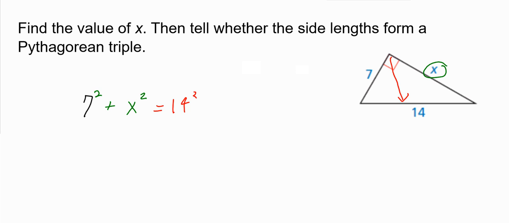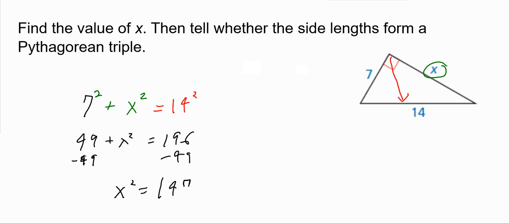So now if I square both of these, I get 49 plus x squared equals 196. I subtract 49 from both sides, and x squared is equal to 147.